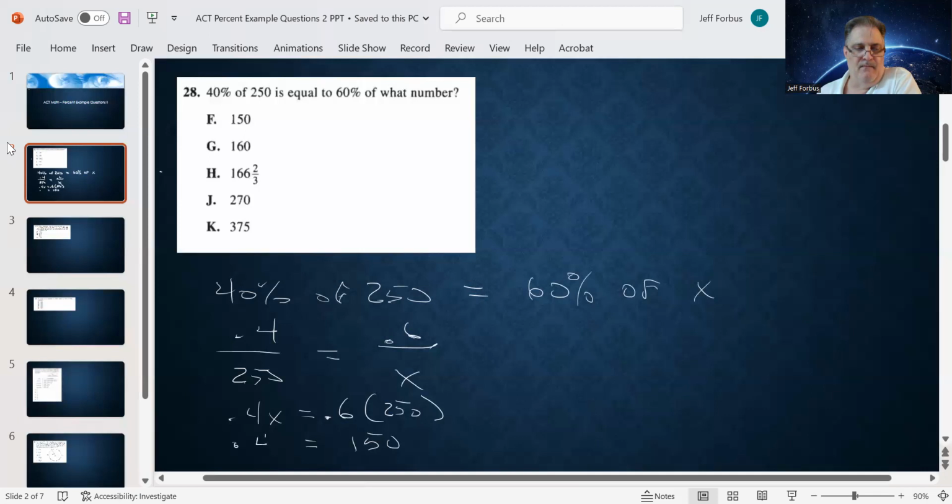And now we're going to divide by 0.4. So X is equal to 150 divided by 0.4. And 150 divided by 0.4 is 375. So there's the number we've been looking for, and that's answer choice K.